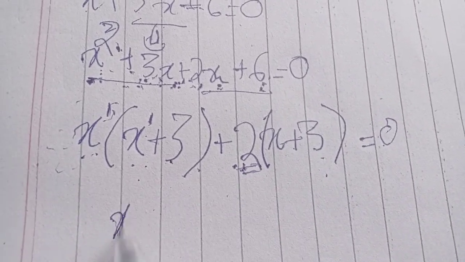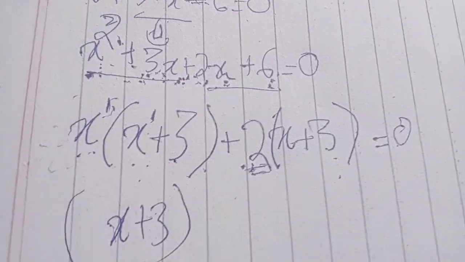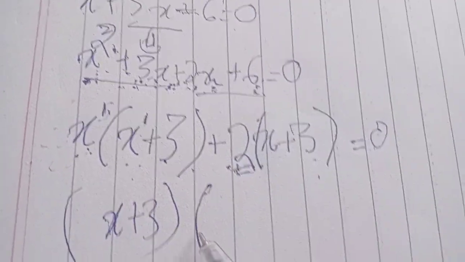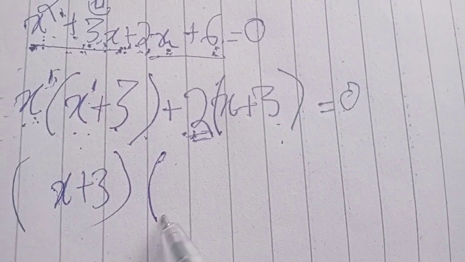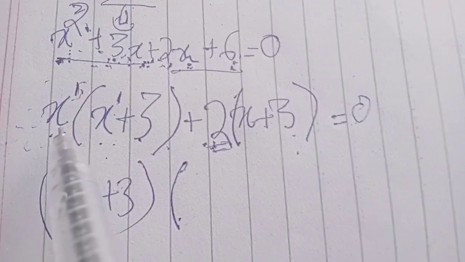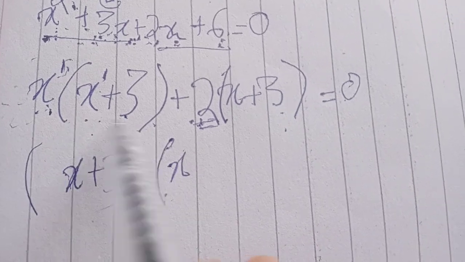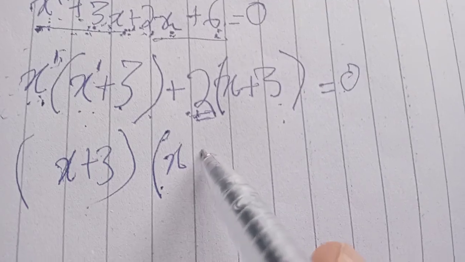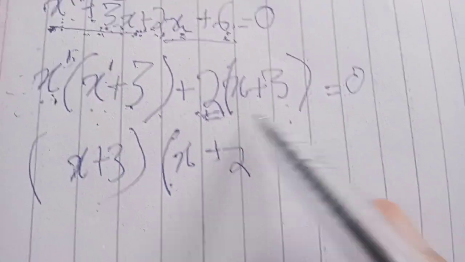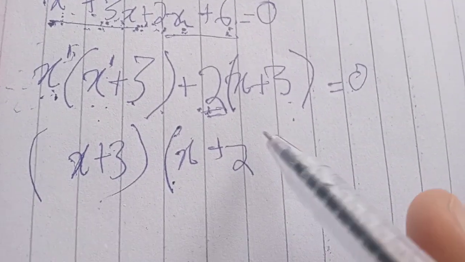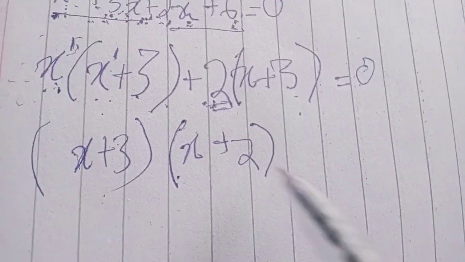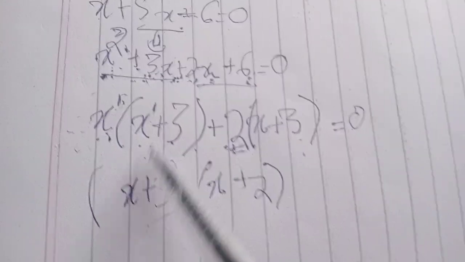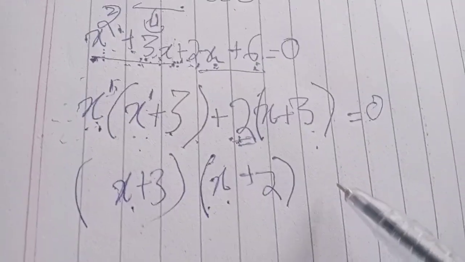Now I write all the remaining things in another bracket: x remains, plus 2, and now we close the bracket. From this we get two brackets, equals to 0.